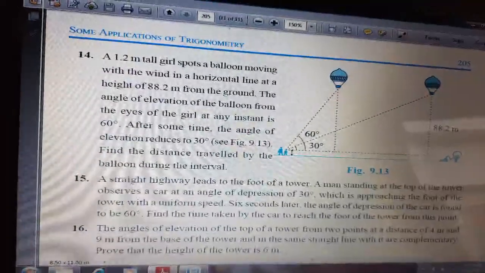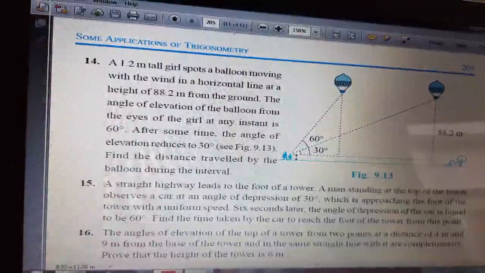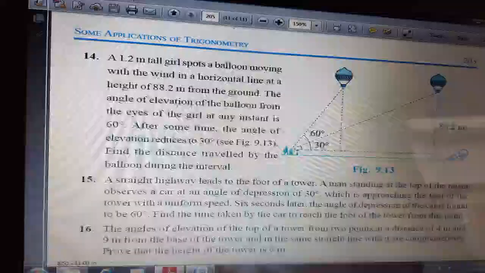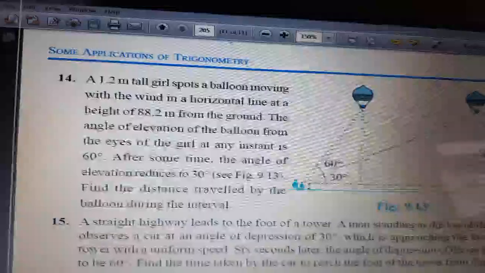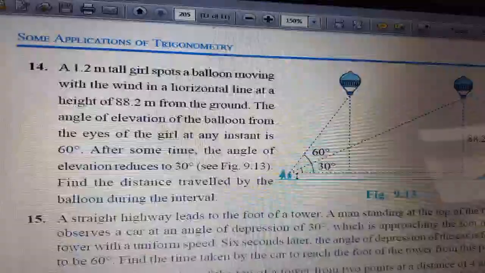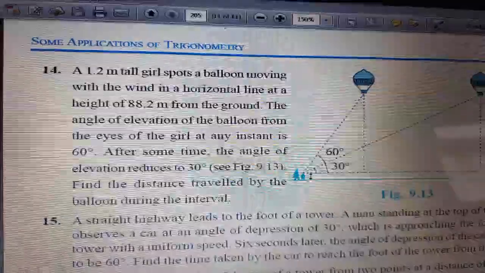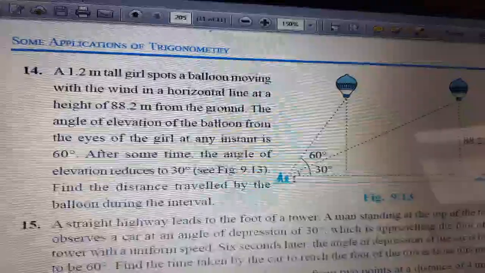And today in this video we are going to solve 10th class Maths NCERT book chapter 9 exercise 9.1 question number 14. According to the question, a 1.2 meter tall girl spots a balloon moving with the wind in a horizontal line at a height of 88.2 meter from the ground.